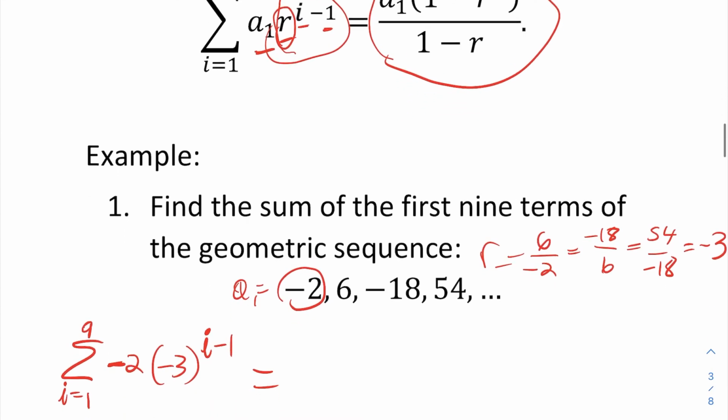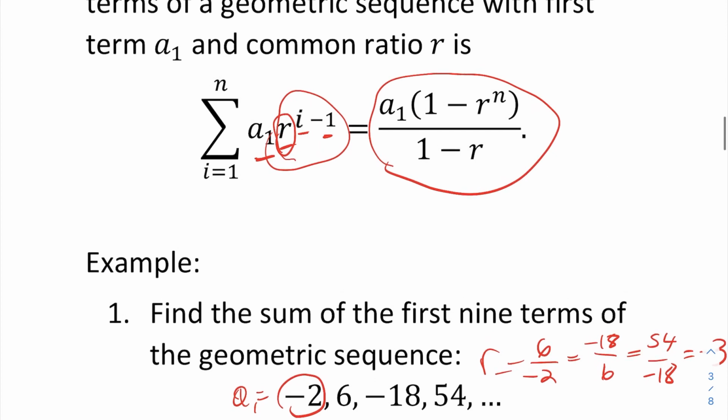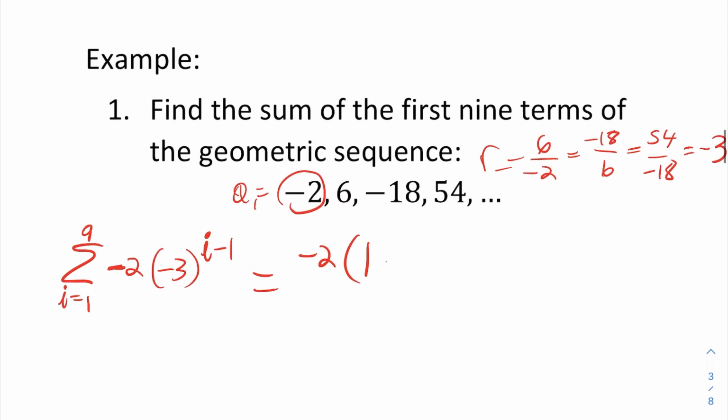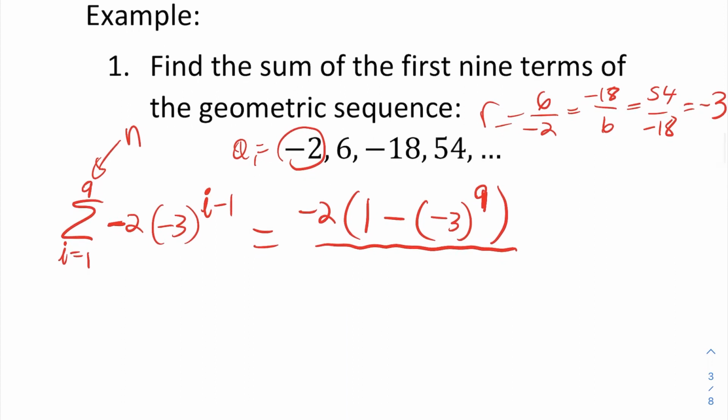You would just get a1, which is negative 2, multiplied by 1 minus r to the nth power, which would be 1 minus negative 3, to the power of n, where n is the number 9. And that's all divided by 1 minus r, so that's divided by 1 minus negative 3.